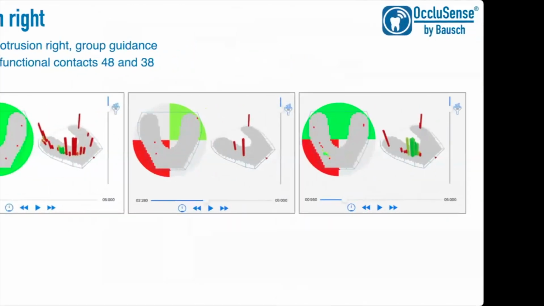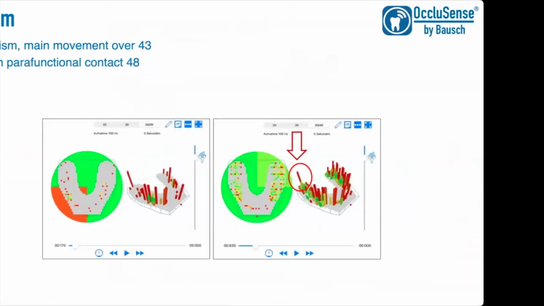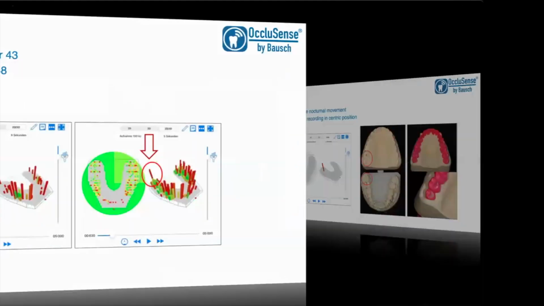To the right-hand side, we had no group guidance, but parafunctionality on 48 and 38. Her bruxism movements were mainly over 43 and 48 again.